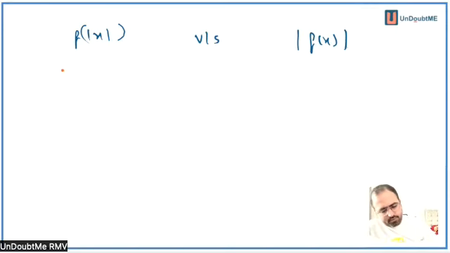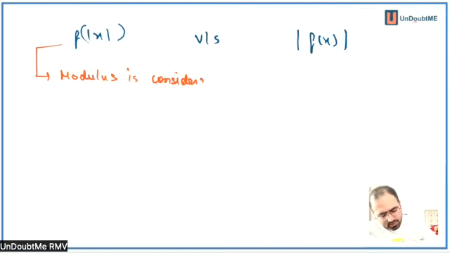Does f of mod x mean all the positive x values, and mod of fx means all the positive y values? Okay, good. So I'll just write it down. Modulus is considered only for input values.